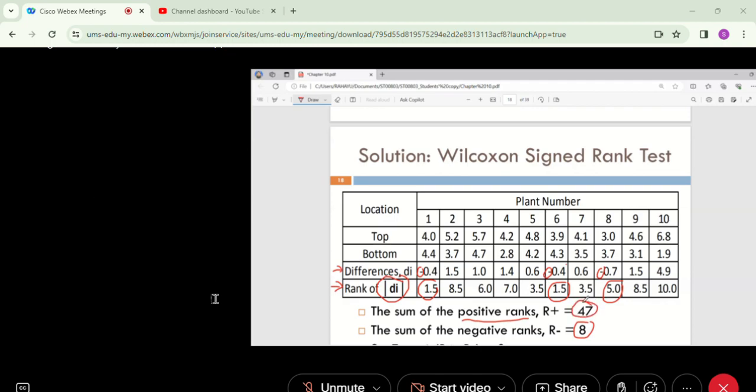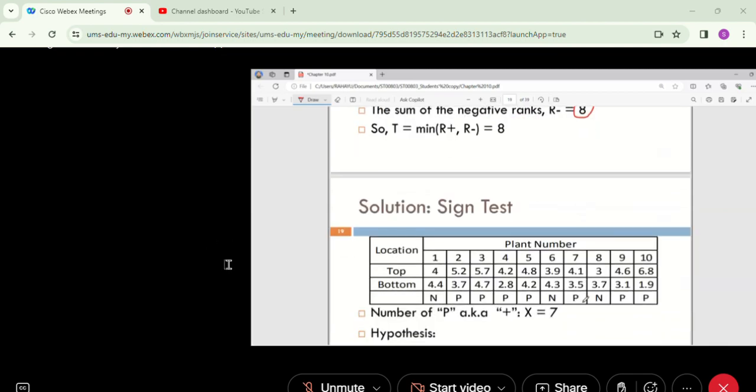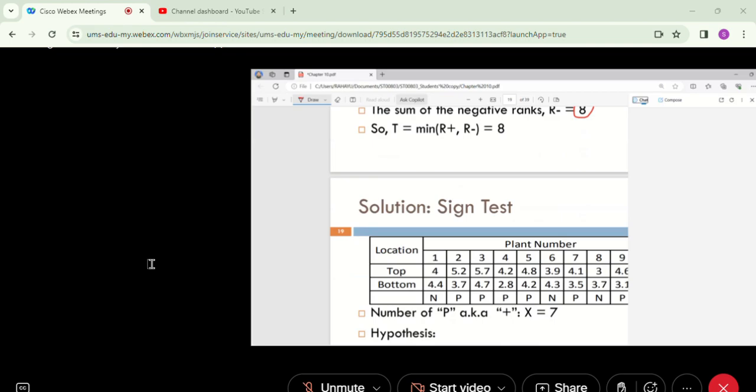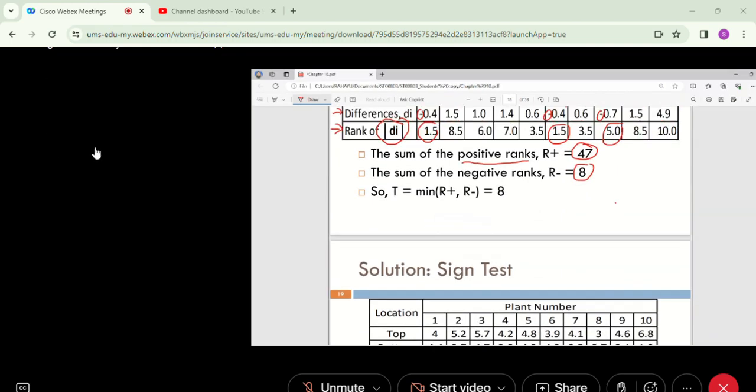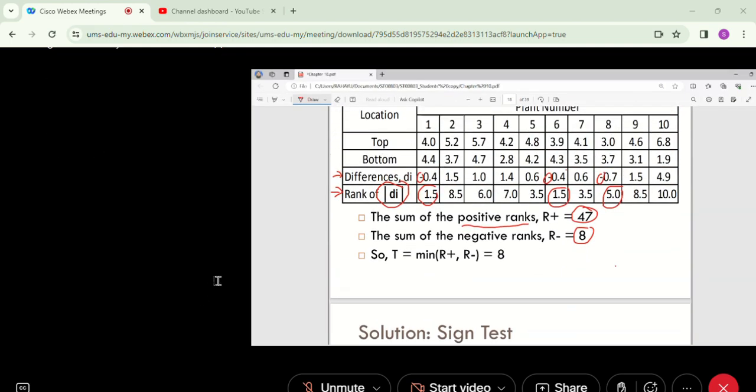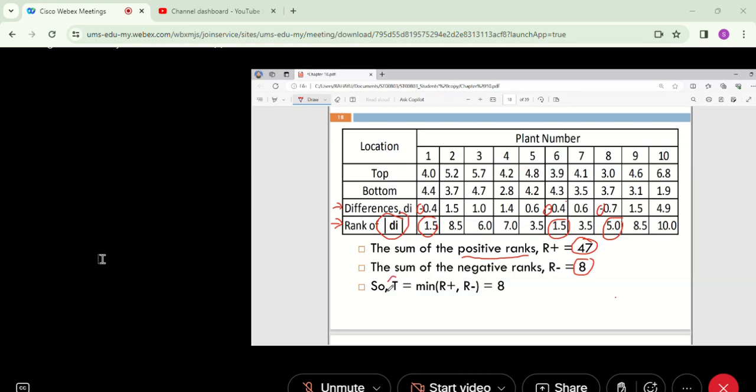Okay, so what should we do next? We need to find the T. T is the statistic for the Wilcoxon signed rank test, which is the minimum value between R plus and R minus. R plus is 47 and R minus is 8.